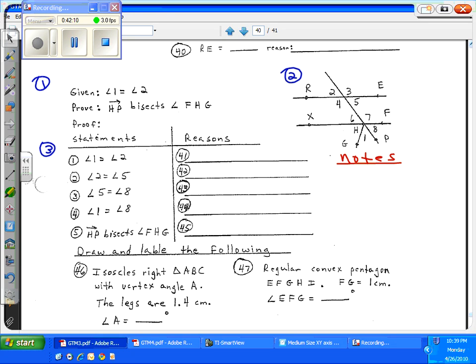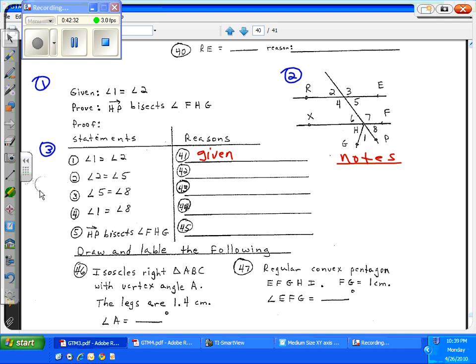So, we're going to go to statement 1. It says angle 1 is equal to angle 2. We look first in the given. It's there, and so we put given. And so we go to the second statement. Now, I didn't do what I said I was going to do, did I?